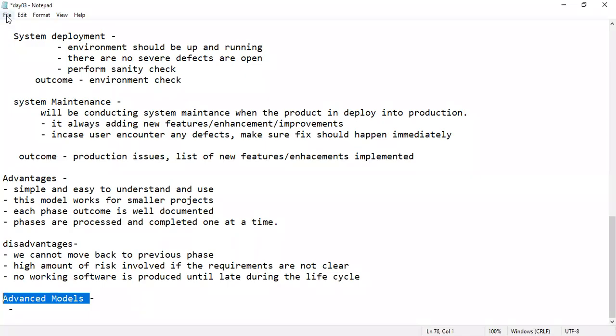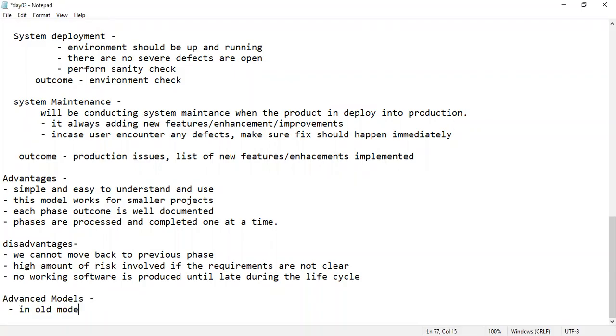V model. Okay. Agile model, fish model, DevOps model. So in advanced models, we are going to discuss two models, that is the V model and the Agile model. Why are we preferring the advanced models?